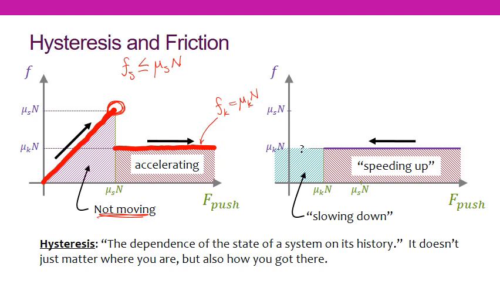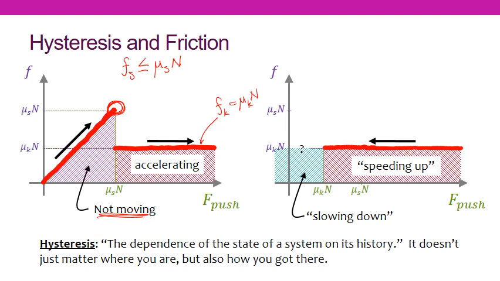On the other hand, if we started in a kinetic regime, then as we decrease our pushing force, we're going to come straight back along this line, and we will continue straight back along this line. Even as we hit the point where we transitioned before, we won't transition because we're still kinetic, we're still moving.